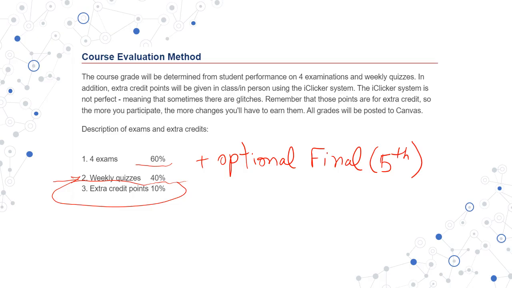And I know iClicker glitches a lot of times and it's a pain in the neck. Well, it is what it is. Those are extra credit points anyway. So hopefully you accumulate enough of those points that if a glitch happens here and there, that's not going to influence your extra credit points. Any questions about the grading?